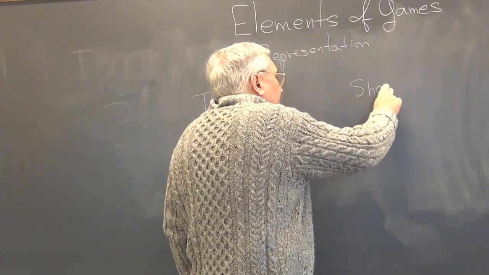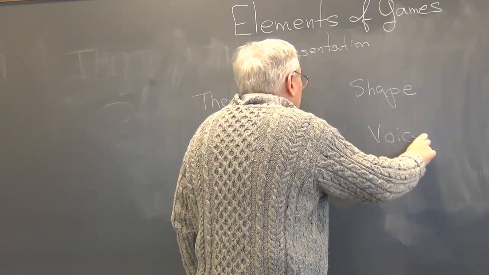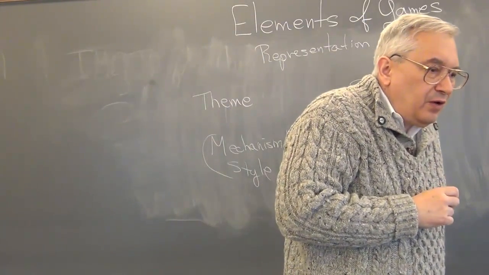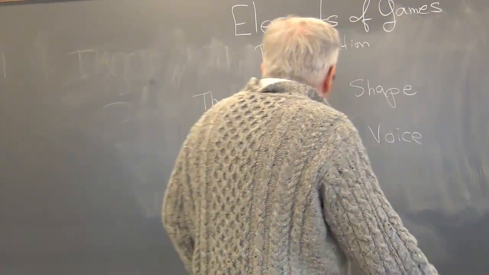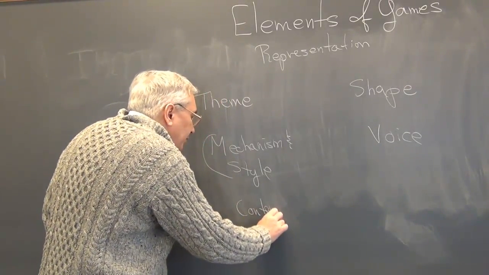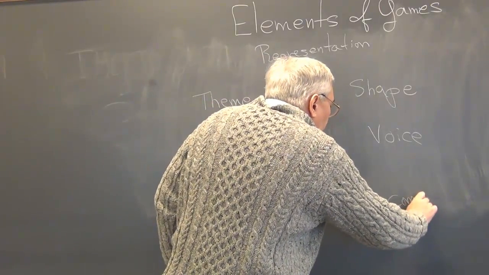Shape, voice. I'm up to 5, aren't I? Well, we can keep going a bit, because there are 2 more. And one of them I will call content, and one of them I will call components.